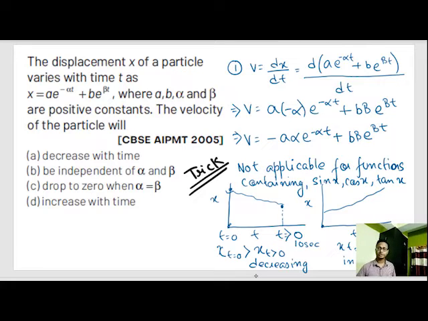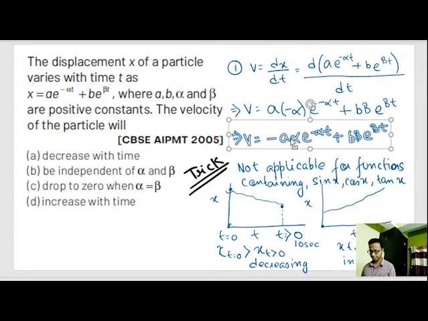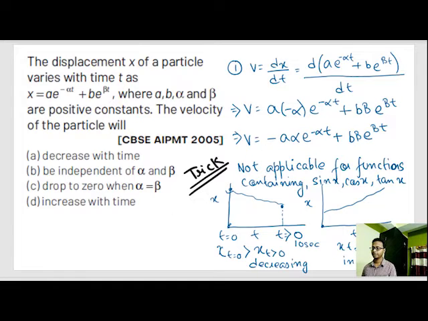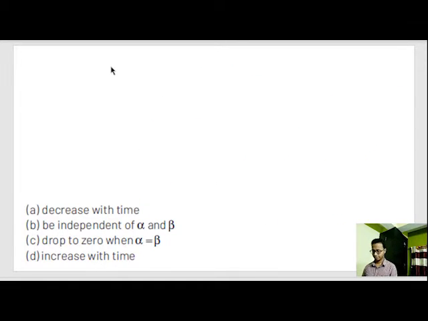If a trigonometric function is inside the equation, this type of trickery will not work. So let's copy the equation and try to solve it.